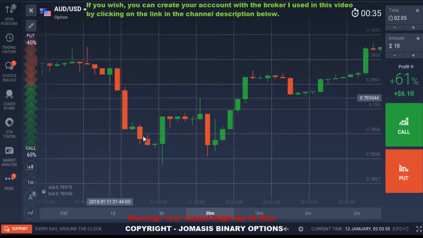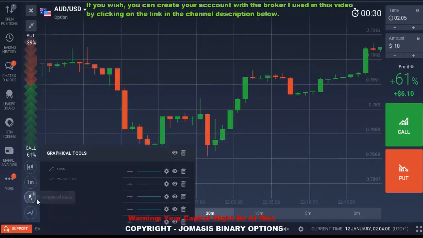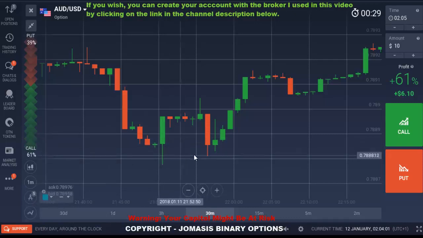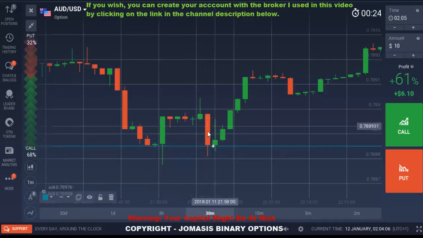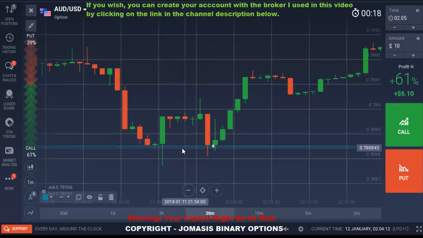Let's assume that when this market was coming down here and reached this level, this line will be acting as support for this particular candle.